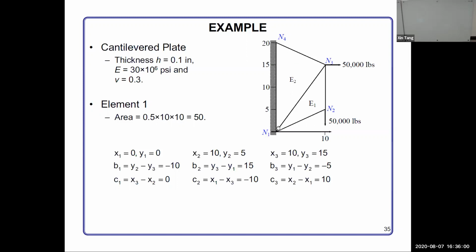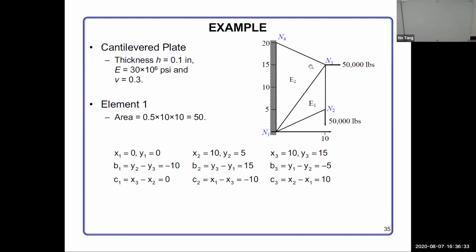One edge of element 2 is clamped here, so the displacement is equal to 0. Two nodes of element 1, N2 and N3, experience prescribed forces. One is in the minus y direction, 50K pounds, and the other is a horizontal force applied on node 3, 50K pounds.